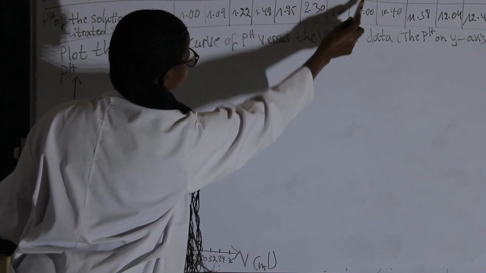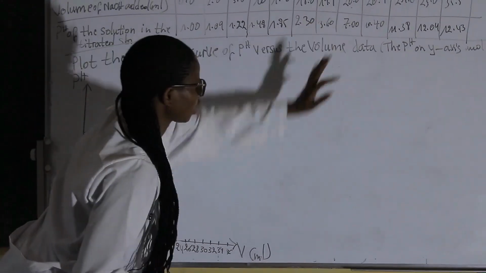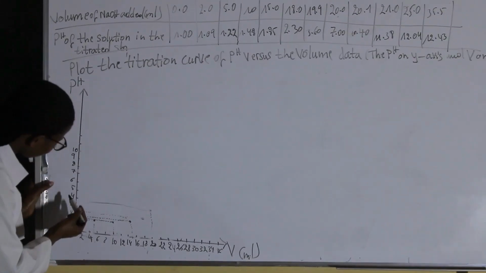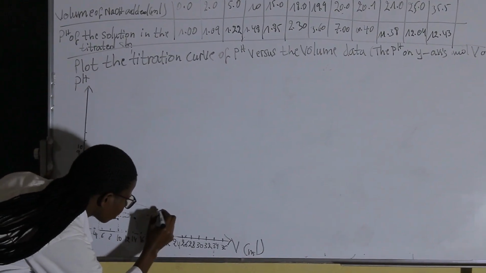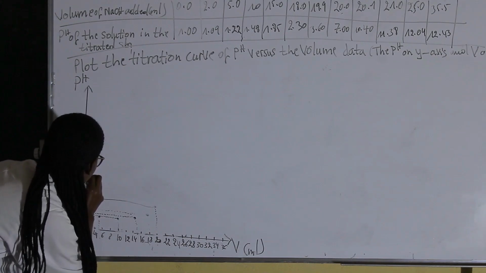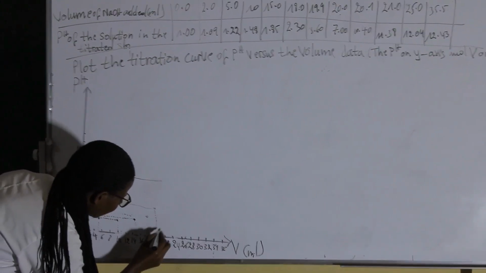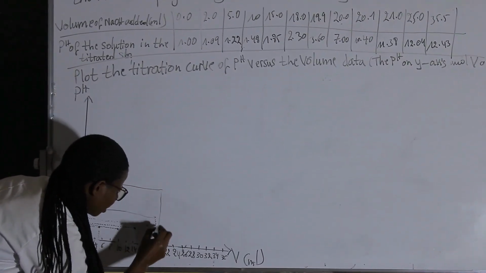Adding 20, the pH becomes 7. Remember, here it is at the endpoint.